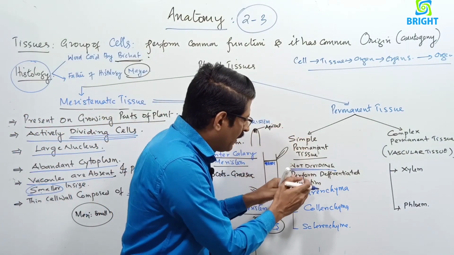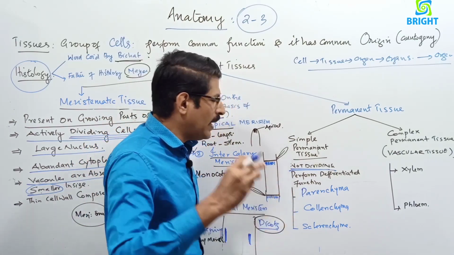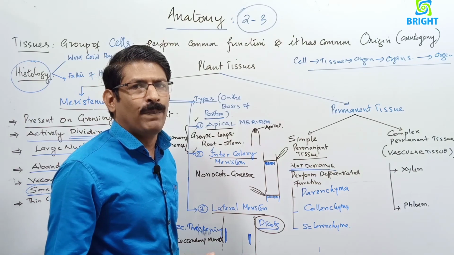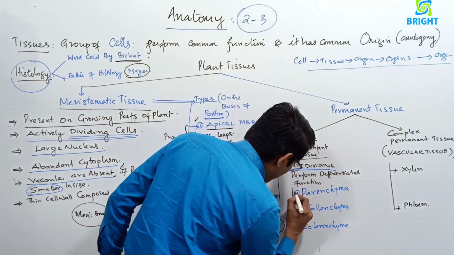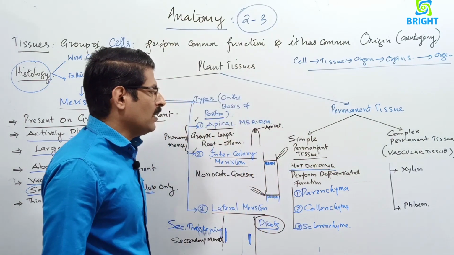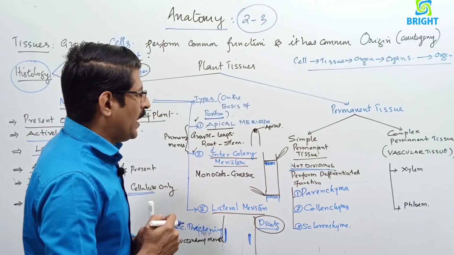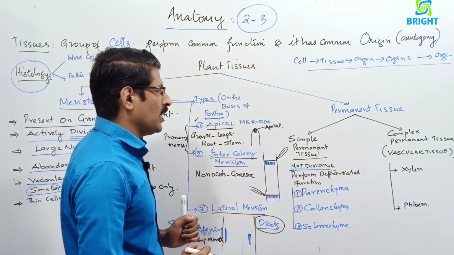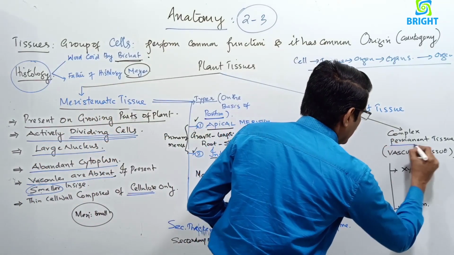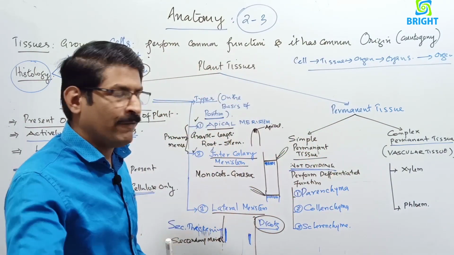Simple permanent tissues perform specialized, differentiated functions. There are mainly three types: parenchyma, collenchyma and sclerenchyma. They are composed of similar types of cells, and we will study the characteristic features of parenchyma, collenchyma and sclerenchyma.